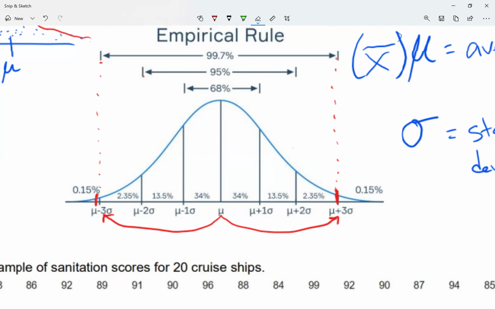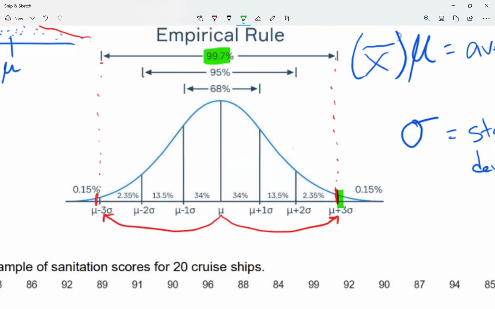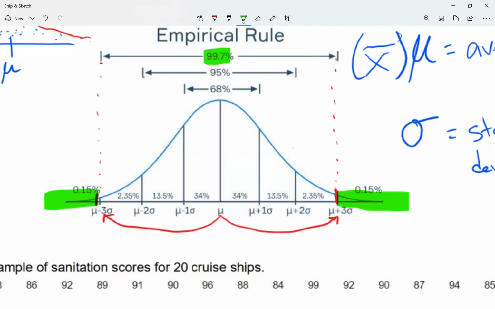Now, 99.7 is not 100%, right? There's still more than that, and that's what we have remaining outside of it. Outside of it, you guys can see where I'm looking: from our mean plus 3 standard deviations to the right is about 0.15% of our data.